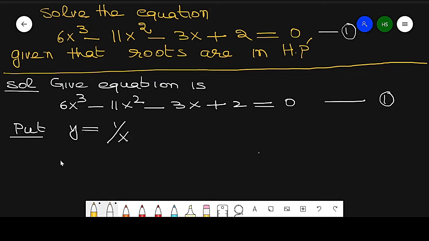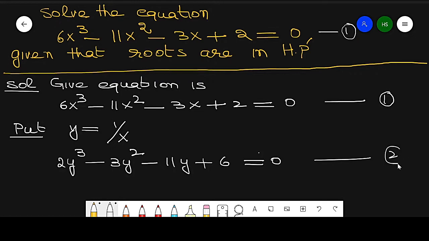That becomes 2y^3 - 3y^2 - 11y + 6 = 0, and this is equation number 2. So that is in y.